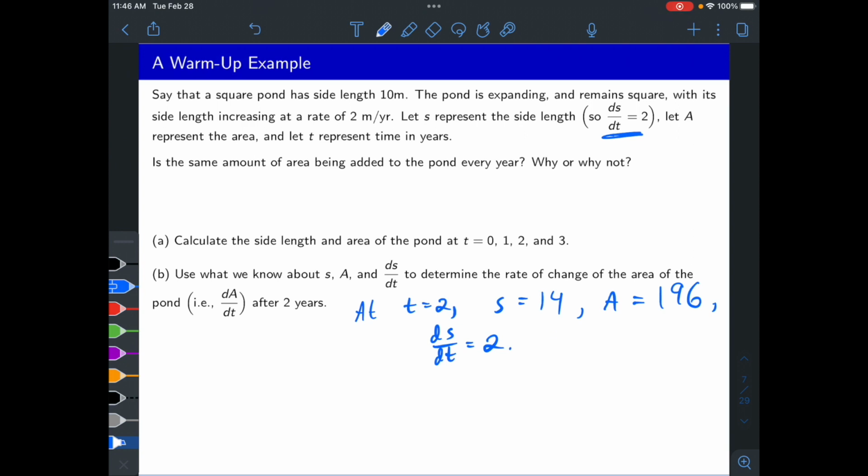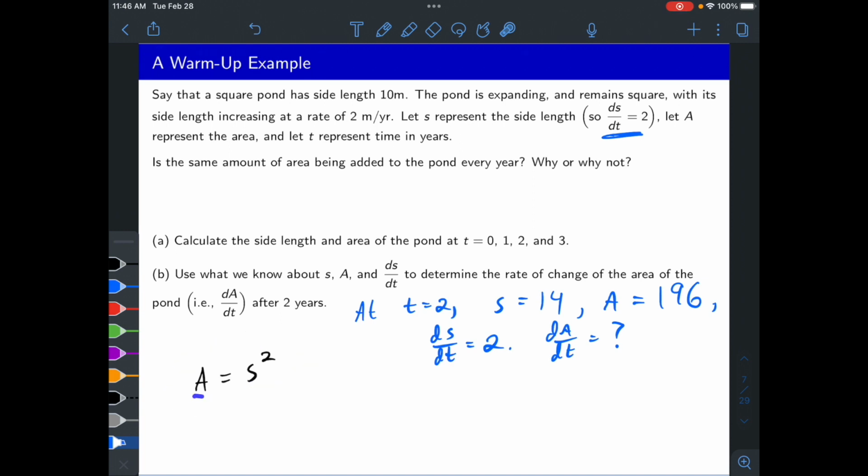We're asked, what is dA/dt equal to? To approach this, we'll start with an equation relating A and s. And that equation, of course, is just saying that the area is equal to the side length s squared.